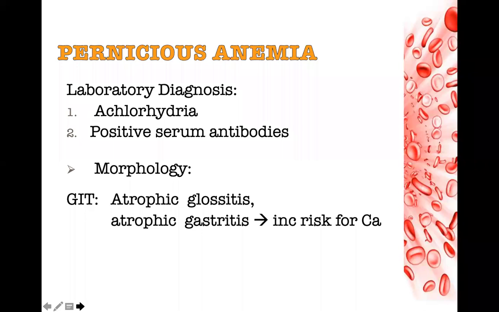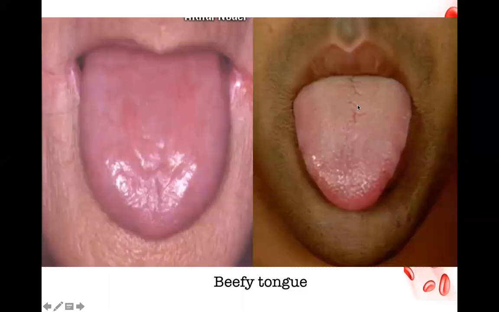So we may see this as atrophic glossitis or an atrophy of the tongue. You can see that the tongue is usually smooth instead of seeing those taste buds and papillae in the tongue. And also atrophy of the stomach, which could lead to increased risk for gastric carcinoma formation. So this is normal.